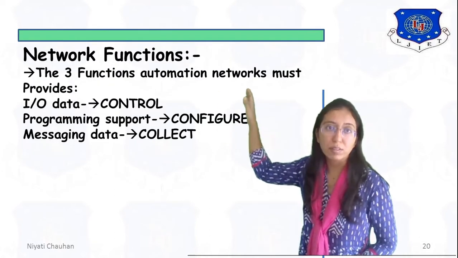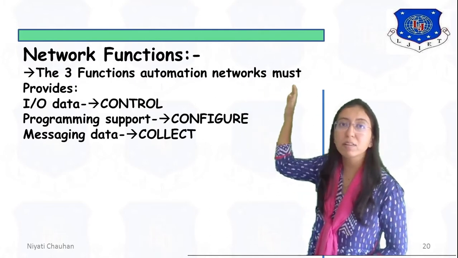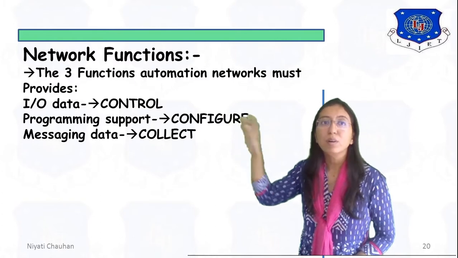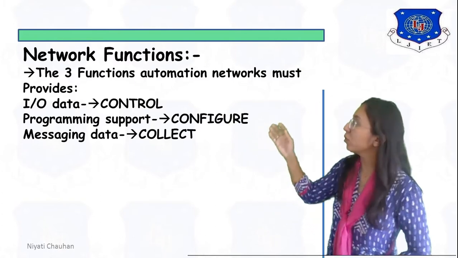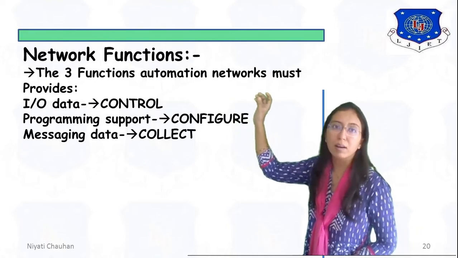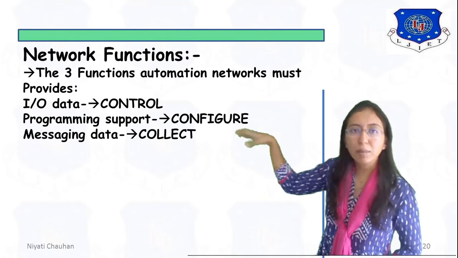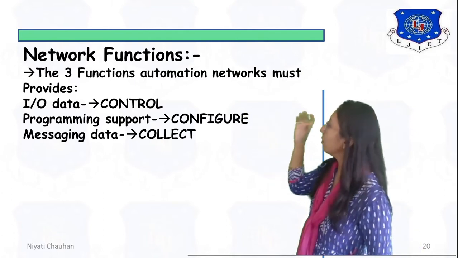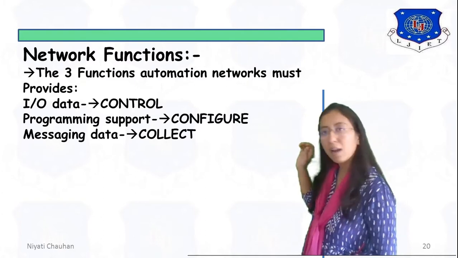Network functions. The three functions automation networks must provide: first, input output data, which is provided to control. Then programming support, for configuring, and messaging data, for collecting.